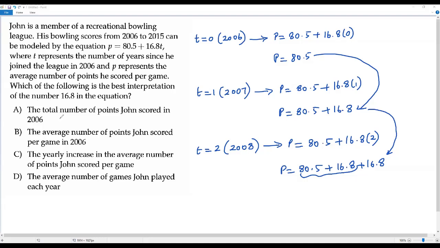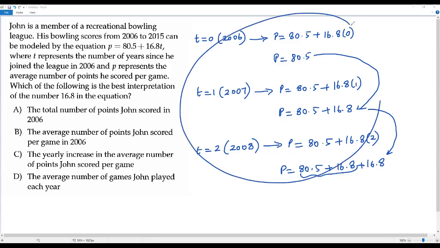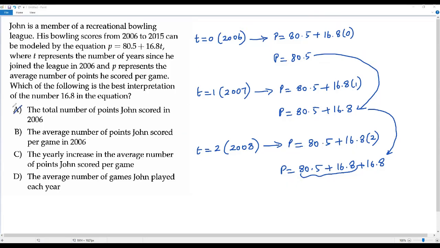We got the average points scored in 2006, which is 80.5. To get the total number of points, we would have to multiply this average by the number of games, so that would be a different number. So let's reject answer choice A.